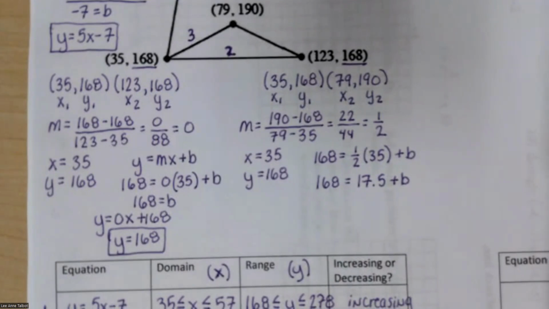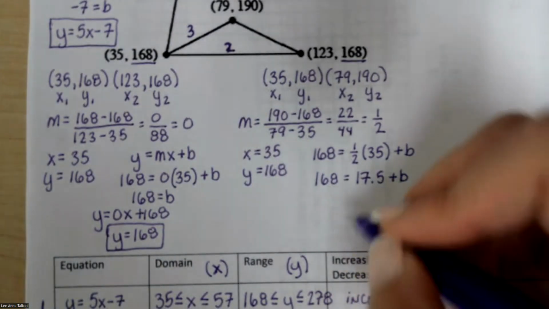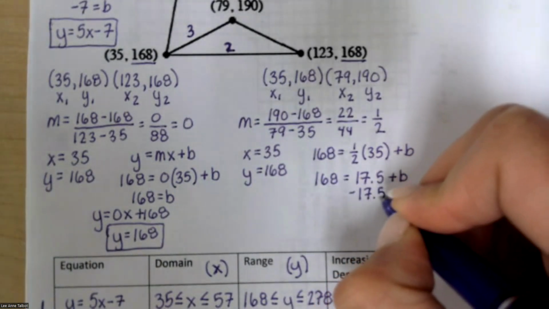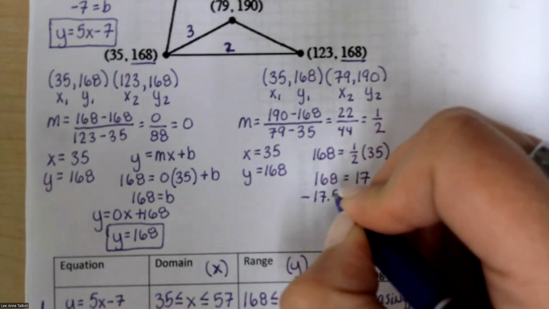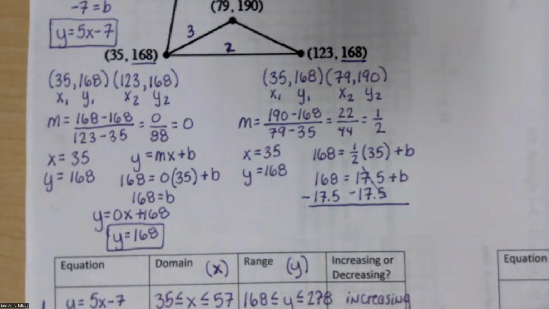Also, if you're getting a decimal for B, that's okay. I'm getting a decimal for B. Did you guys get a decimal for B? Okay. No, I want you to put the B in a decimal and the slope in a fraction.